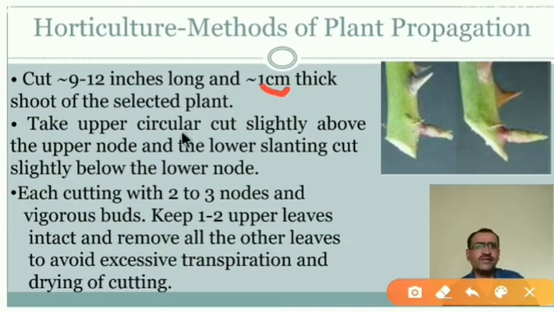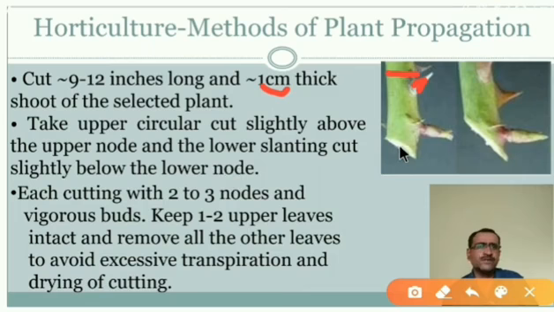Take an upper circular cut, that means a straight cut, slightly above the upper node. This is the node, and above the upper node the cut takes place on the upper side, and the lower slant cut is slightly below the lower node.